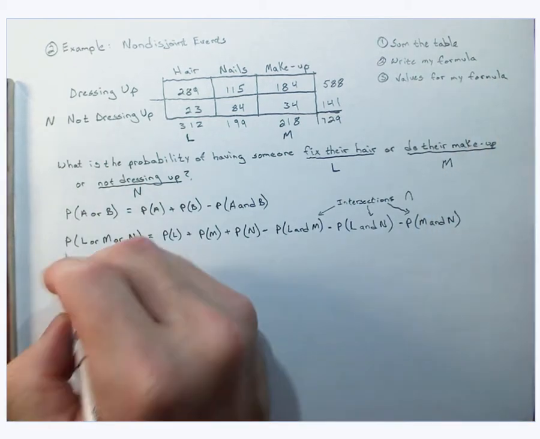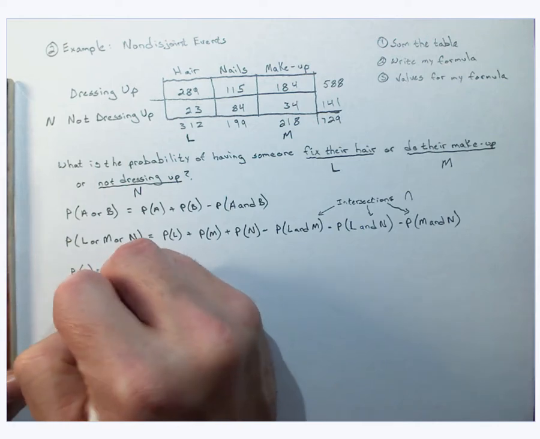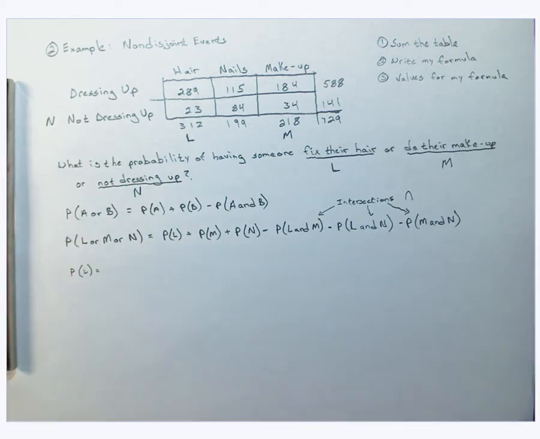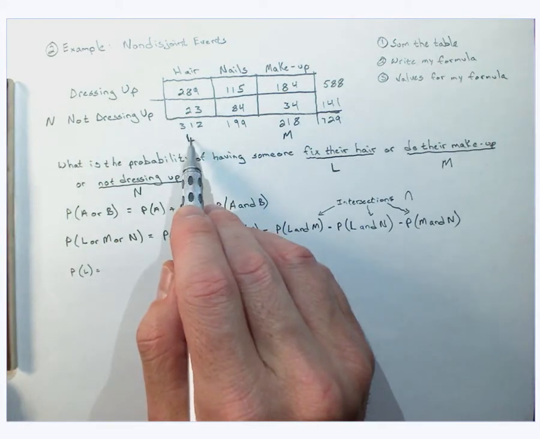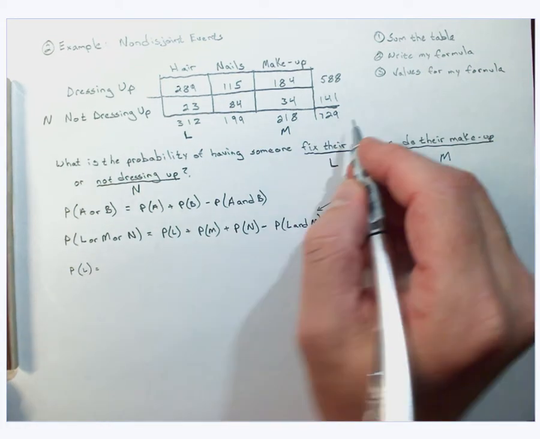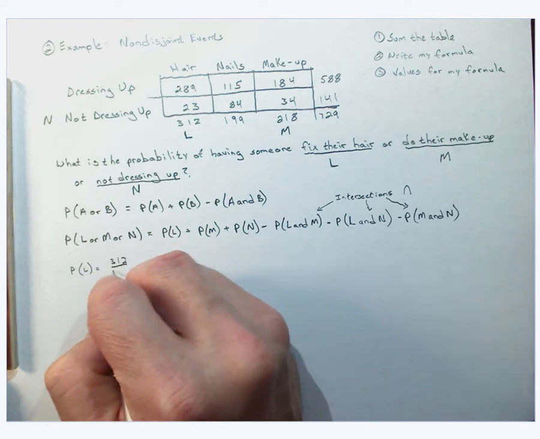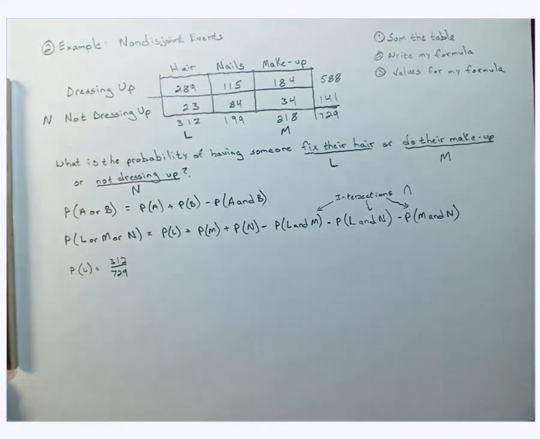So what is P of L equal to? This is L. I know all of my denominators are 729, so this is simply 312 over 729.